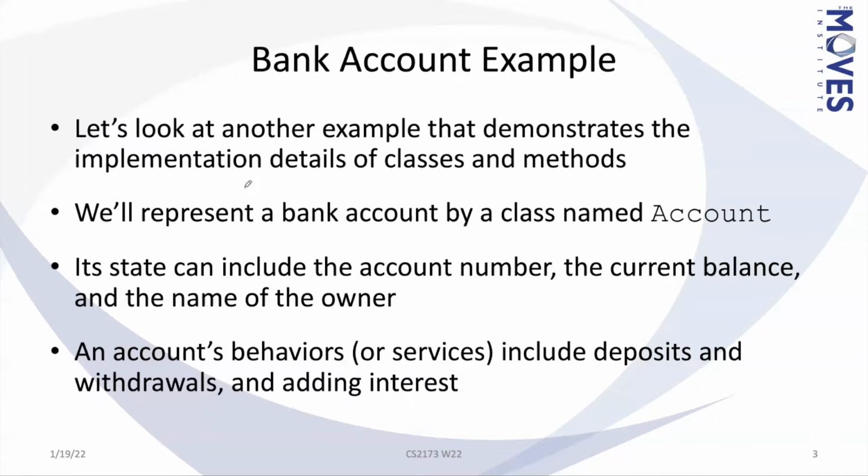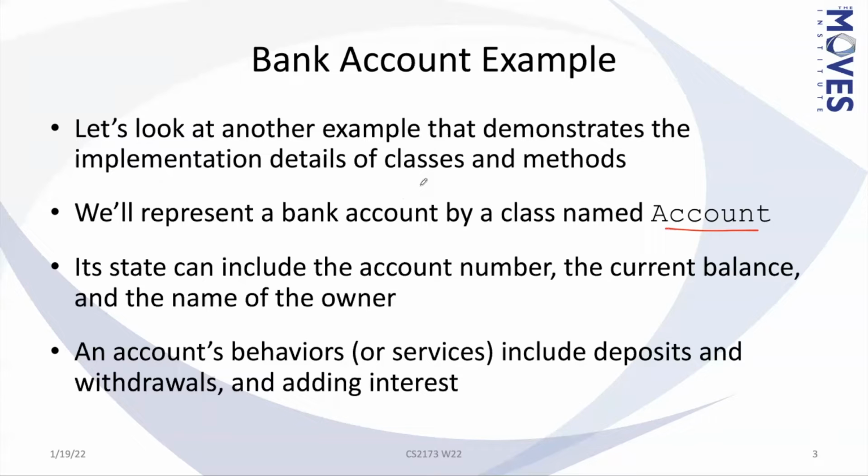So this bank account example that the book goes through, again, I take a little bit of issue with some of the details of how the book implements it. But part of the idea is that we have a class named account that's going to represent at least a little bit of information about the account.